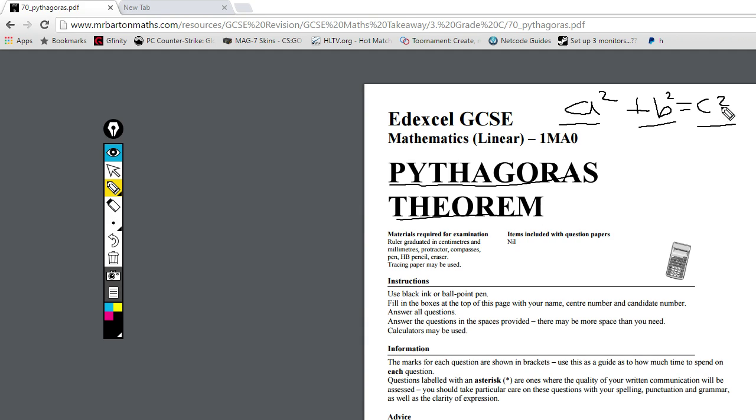Now, if you already know the hypotenuse, then what you're going to have to do is take away c squared. So we've got a squared, take away c squared equals b squared. It's just like rearranging the formula, really.